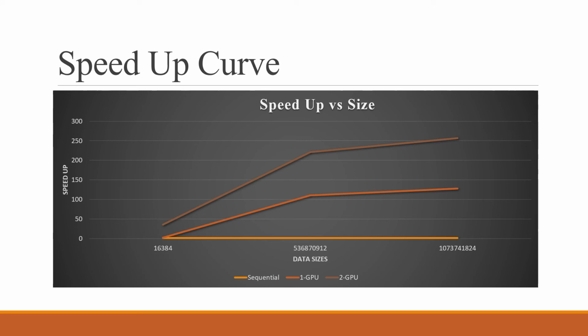The figure shows how much faster 2 GPU still is compared to 1 GPU. Looking at this curve, it's very fast and very optimized, and you can achieve many advantages using the 2 GPU implementation.